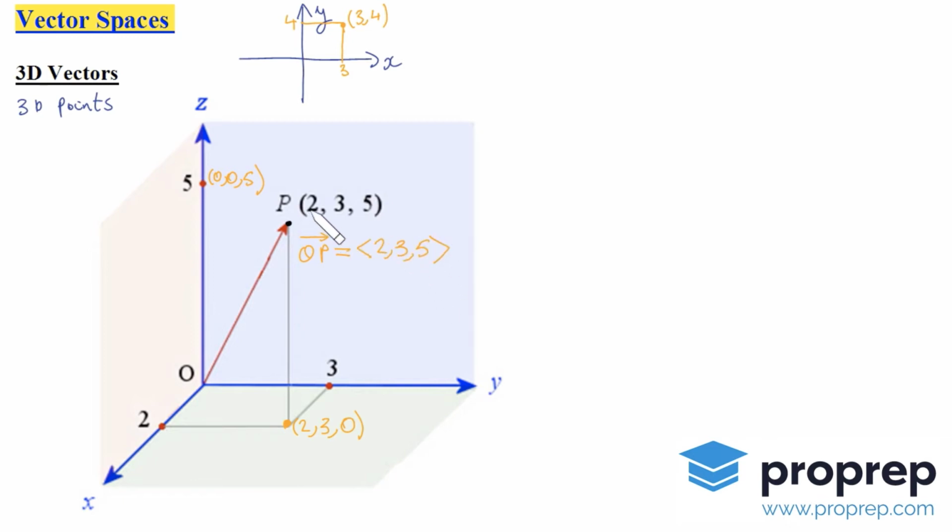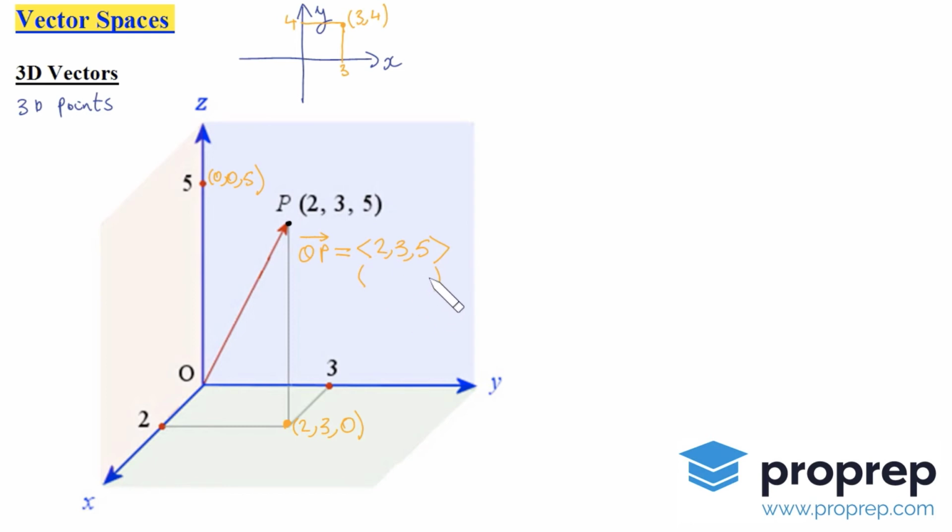So points are written with round brackets, and vectors, which are arrows, are written with angular brackets, although I must say that some books use round brackets here also. So it's not standard. In this course we'll use angular brackets, not round brackets.